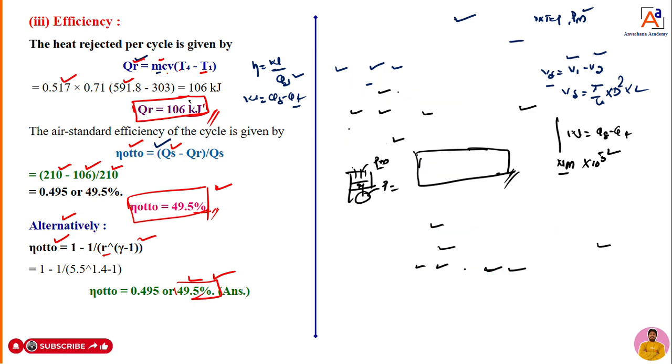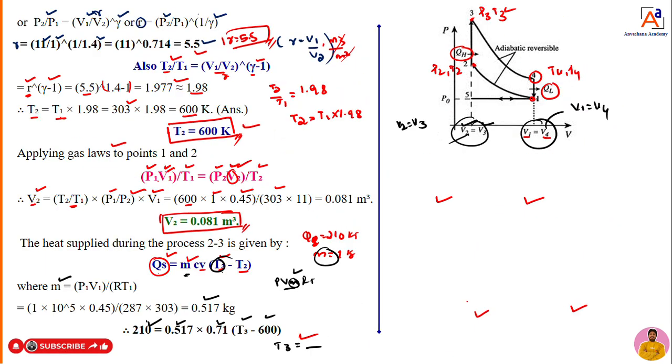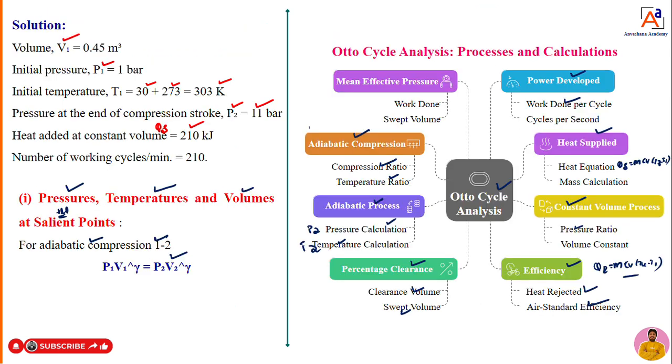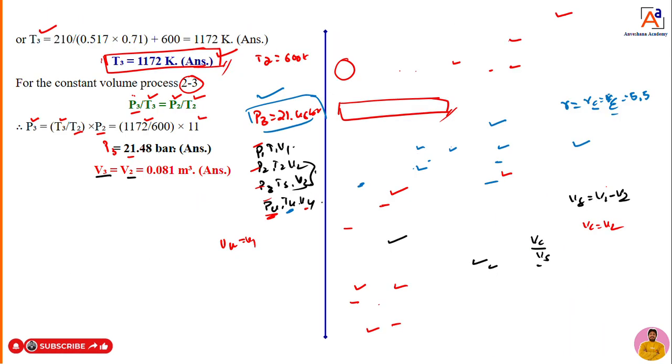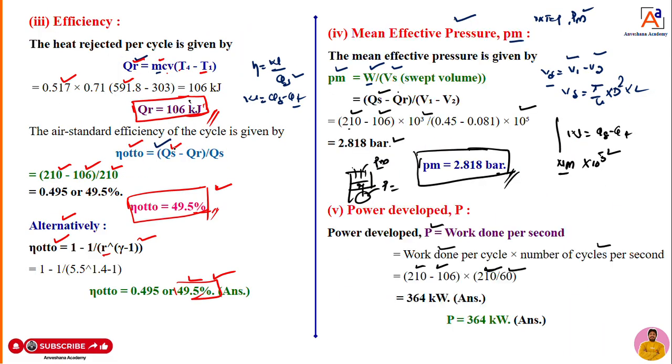I will come back to the problem that you can see here now. The number of cycles he has given is 210 per minute. You have to convert it into per second, because joules per second is what we always know as watt. Since he has given the number of cycles per minute, 210 per minute, we need to convert it into seconds.